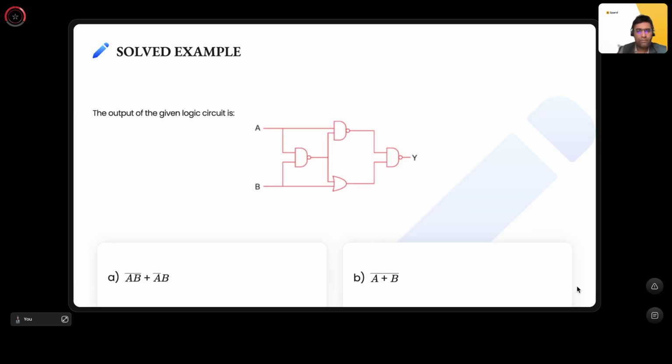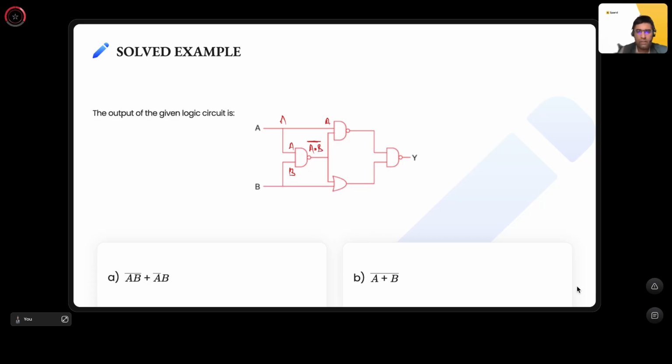Next question. Again, a logic gate question. The output of the given logic circuit is. Here we have A, here we have A, here we have A, and here we have B, and the output of this will be, this is a NAND gate, so it will be A dot B bar.